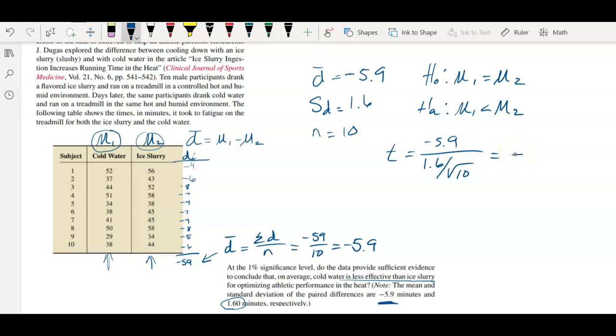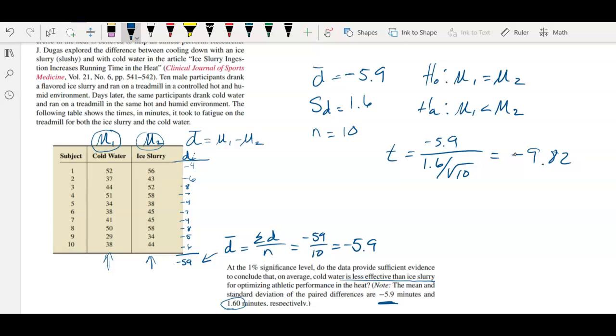And it appears we get negative 9.82. Okay, we kind of expected this to happen because we could see by the data. Also, keep in mind, for some of these paired differences, you'll get some negative numbers, some positive numbers. This one, everything did show a decrease, so we kind of expected this to happen.